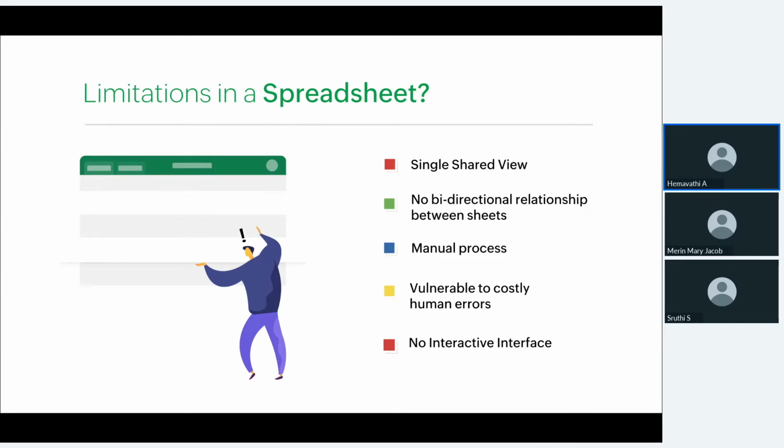Another primary challenge that we all face while using spreadsheets is that they only offer a single shared view. In a collaborative workspace, when one of us wants to see the data in a way that matters to us, if we make any changes, it's going to affect the view of all other users, right? So it's not so easy to work in a spreadsheet when it comes to work management.